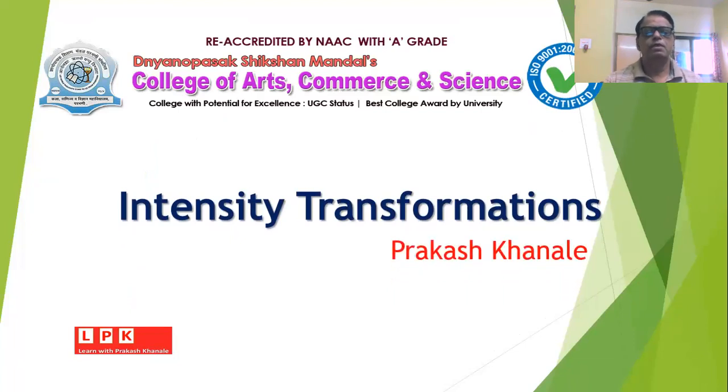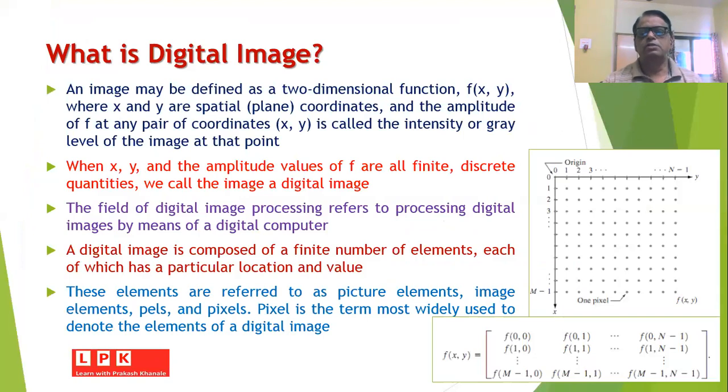So let us start the session with the question: what do we mean by a digital image? As we already know, whenever we think of any digital image, it can be described by using a function f of x comma y, where x and y are called the spatial coordinates or plane coordinates.